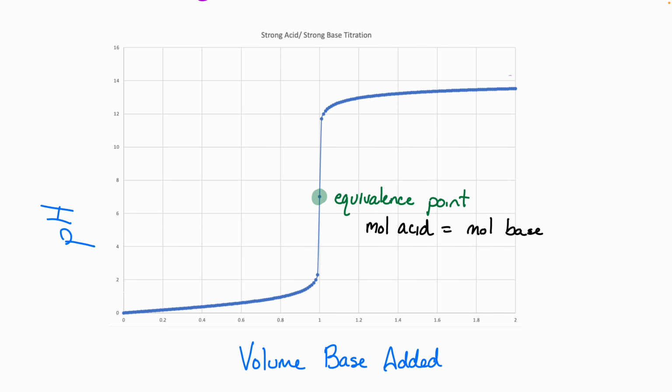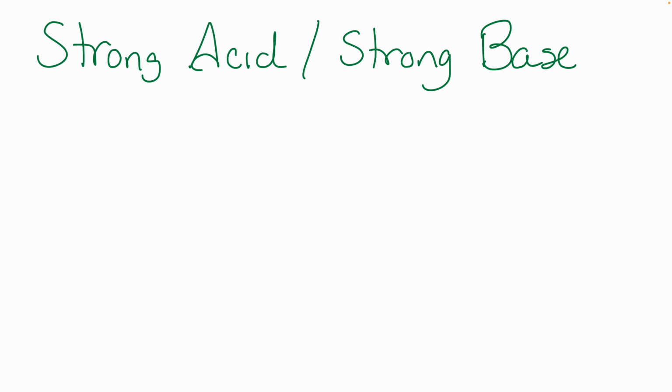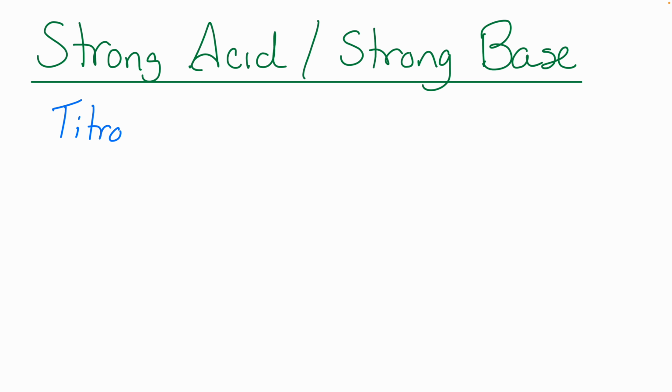Okay, and we're going to break this titration curve up into different regions, and the very first one is just that very first data point before any base has been added. We're going to call these our different titration regions in our strong acid, strong base titration.